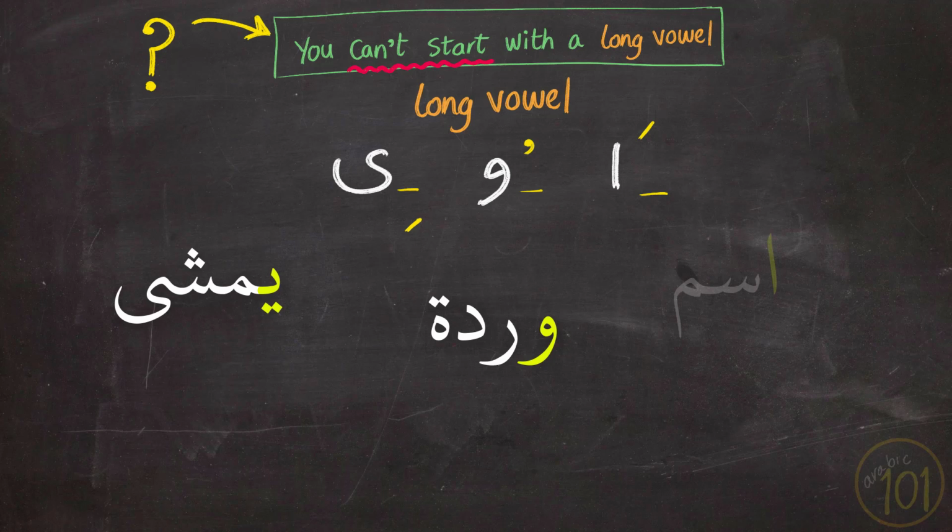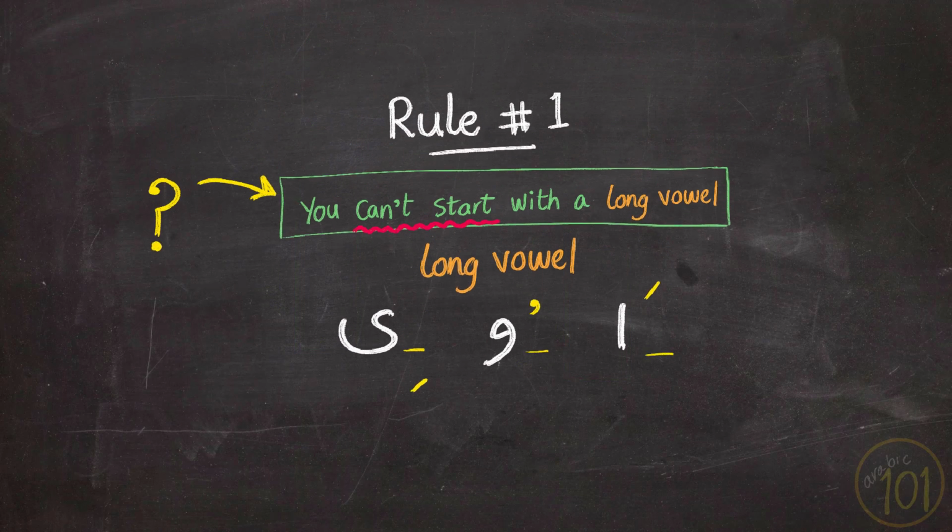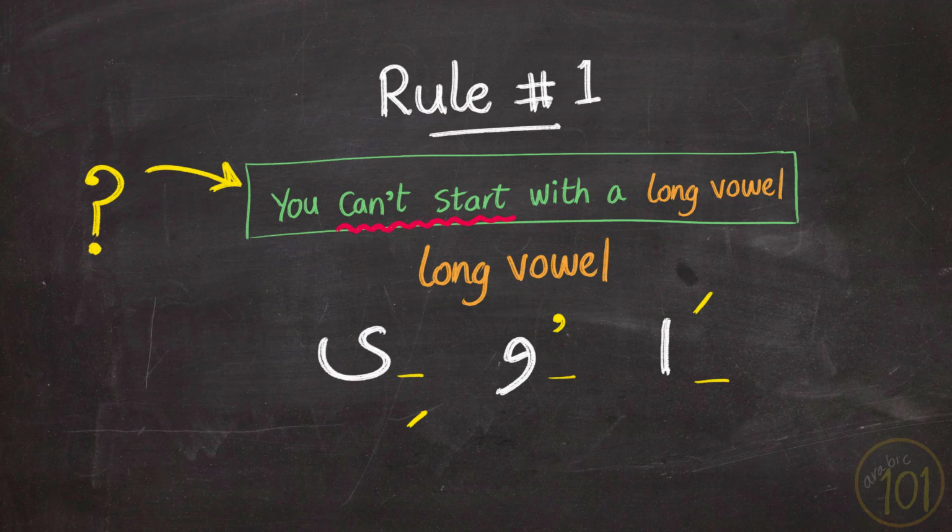Because first, they don't have sukoon on them, and second, because there can't be a letter before them with a dhamma or a kasra for them to actually function as long vowels. So instead, they will be called semi-vowels. So, unlike English and so many other languages, there can't be a long vowel at the beginning of the word.